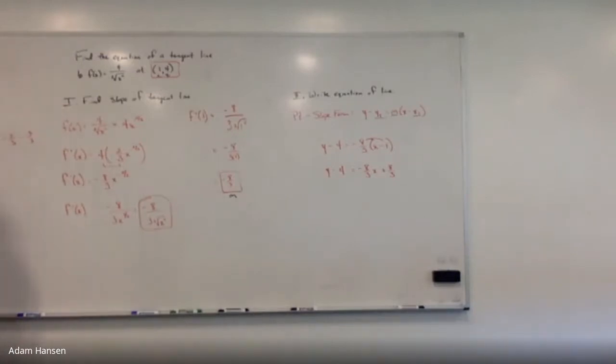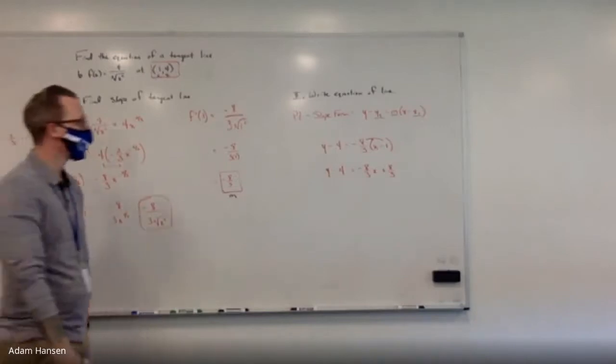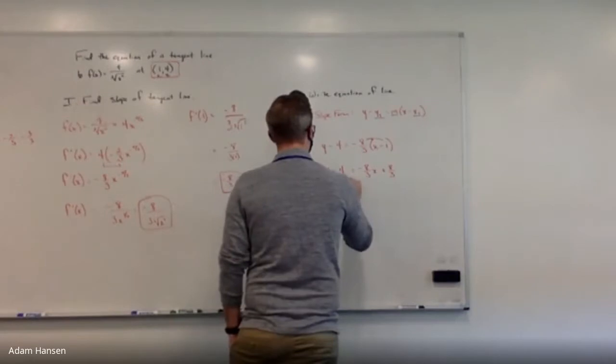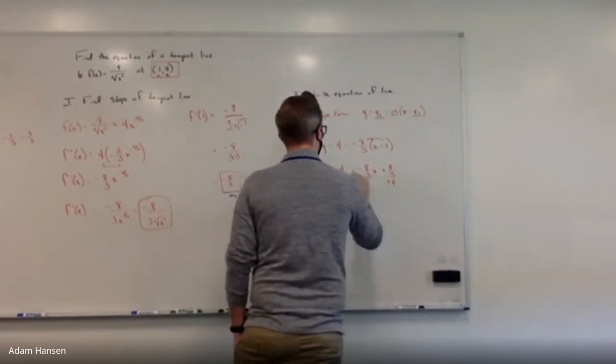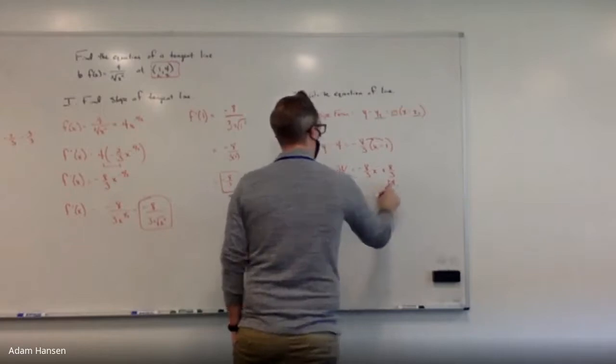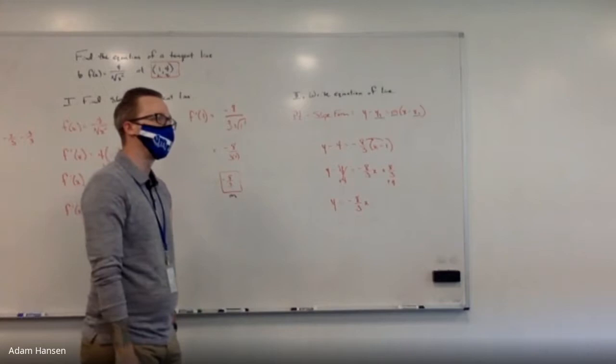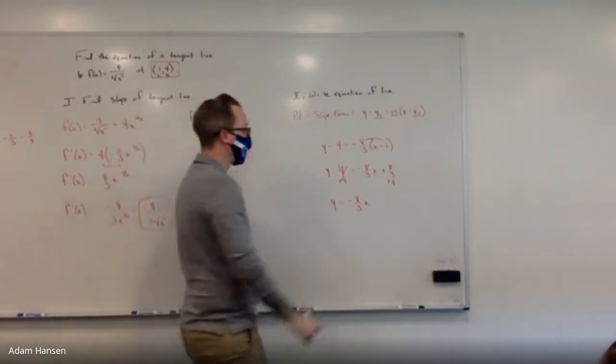Solve for y by doing what? Once I add 4 to each side, y equals negative 8/3 x. 4 in terms of thirds would be 12/3. 12/3 for 4 plus the other 8/3 makes 20/3.